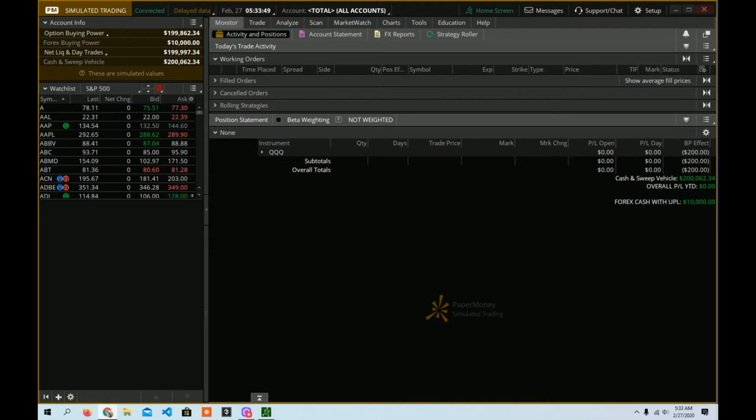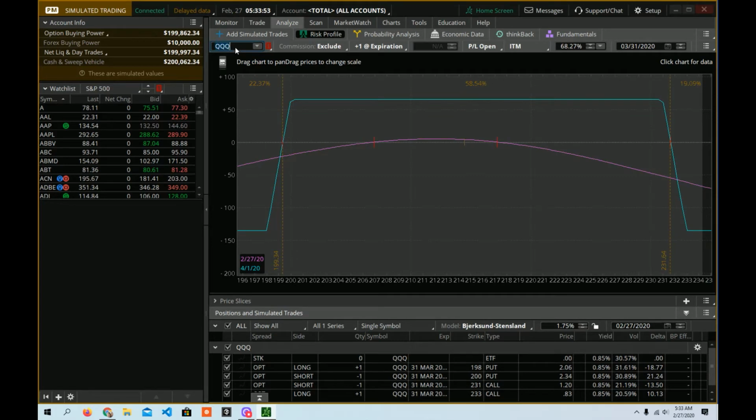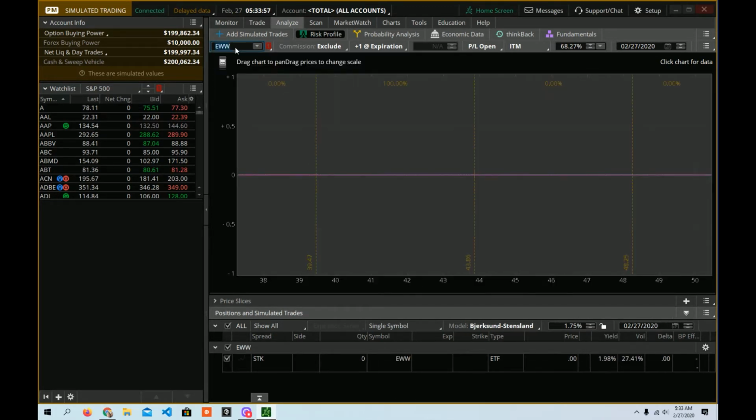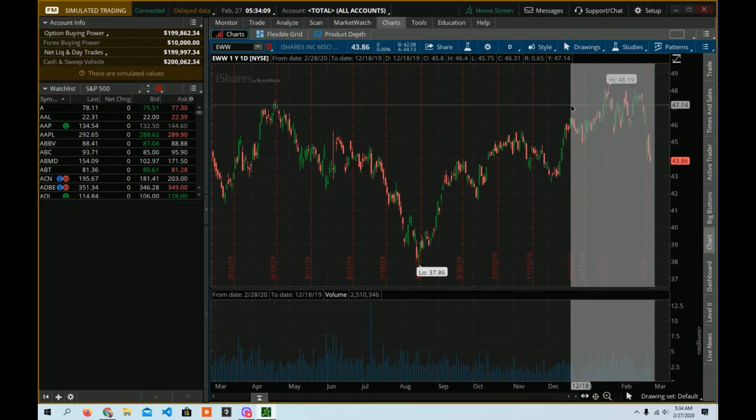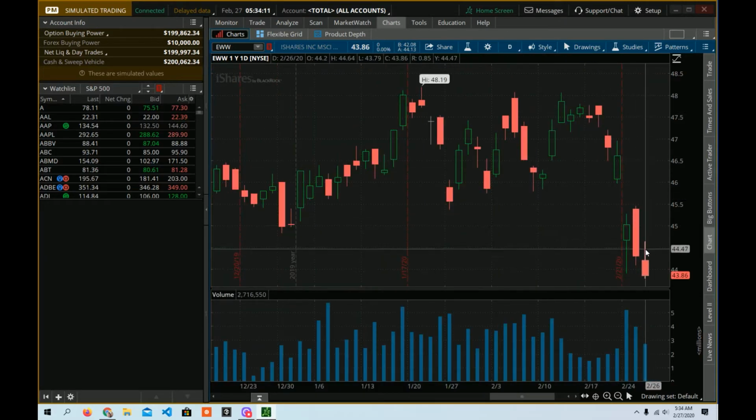And right now in this Cherry Bomb, we see that we're going to take the Qs off. We're going to go to EWW. All right. And it always helps if you actually go to the right tool. So we're in the charts, not the analyze. So there's EWW. We can see that it as well has had quite a bit of down movement compared to its recent times.